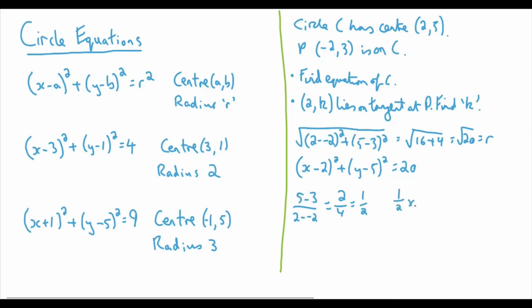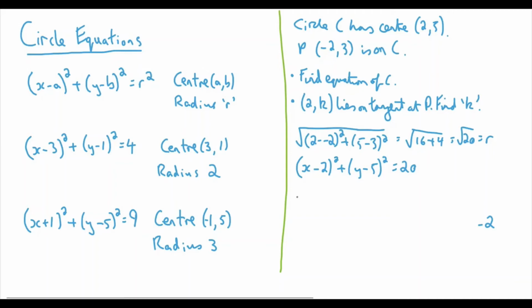Now, if a half times the gradient of the tangent equals -1, and you want to get your gradient of your tangent on its own, because this is multiplied, the only way you can move it over the equal sign is to divide. -1 divided by a half gives us -2 as the gradient of our tangent.